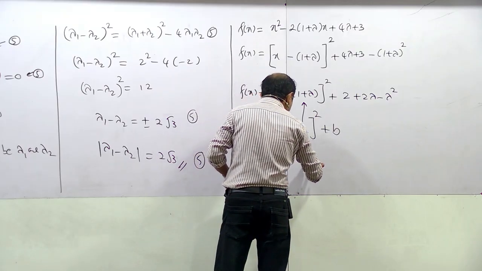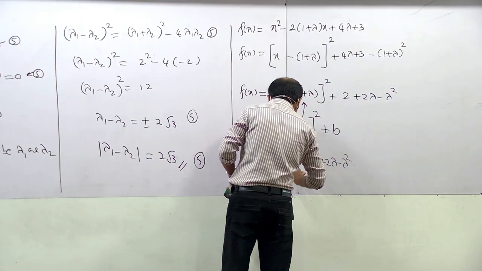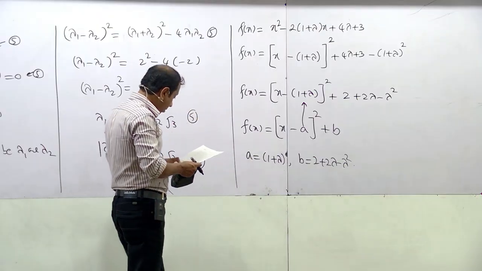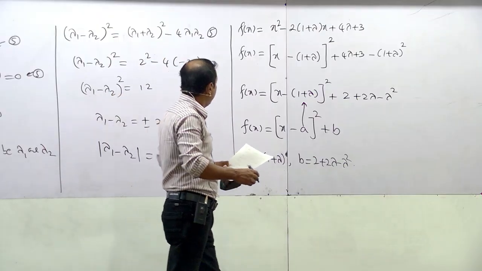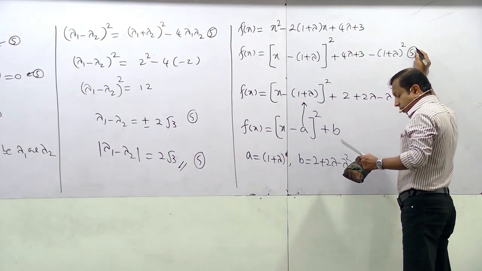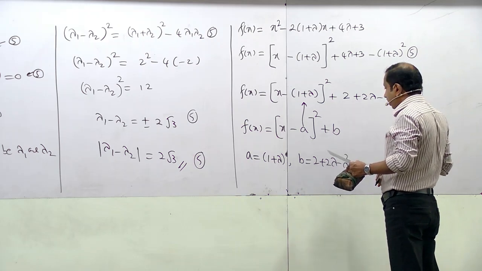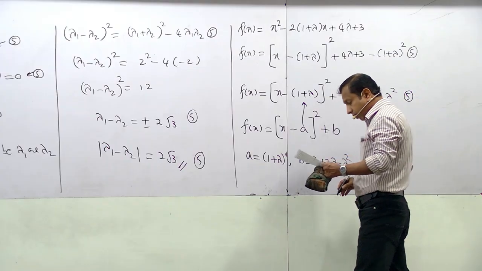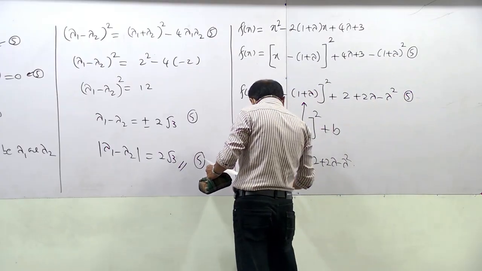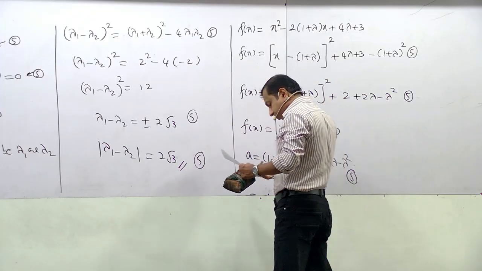In the place of b you have 2 plus 2 lambda minus lambda squared. Okay. Right. So for the step, this 5 marks is given, and another 5 marks here, and for a and b in terms of lambda, here 5 marks and here 5 marks, right?